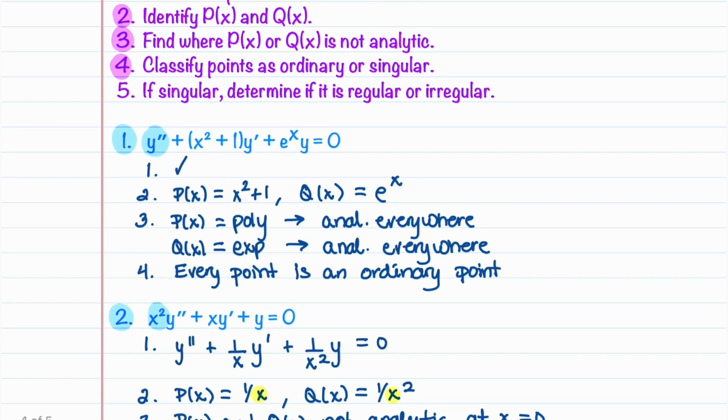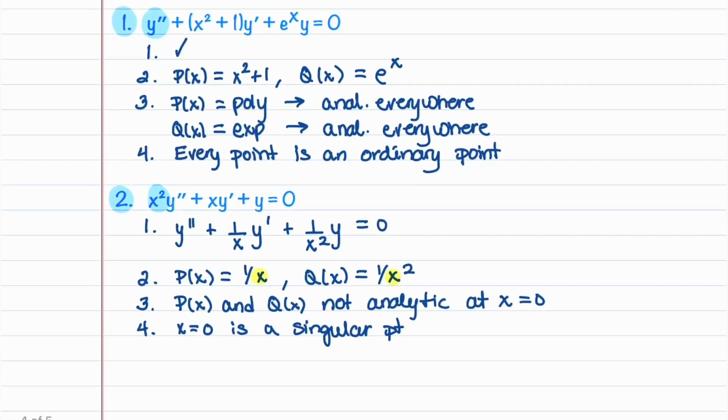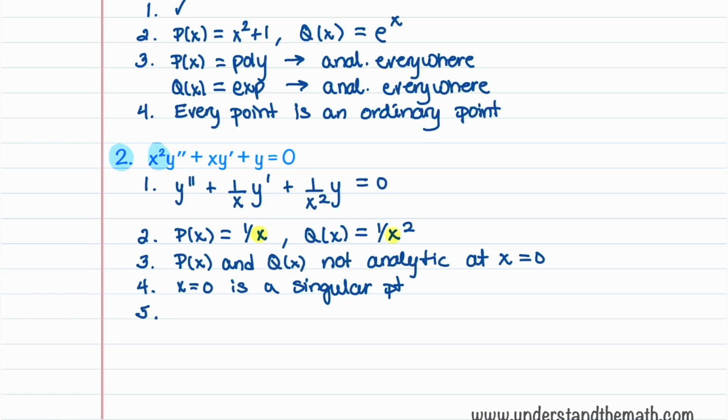Now let's look back up at step 5 because we're going to have to do step 5 for this example. For example 1, we didn't have to do it. Step 5 tells us that if a point is singular, we have to determine if it is regular or irregular. To find if a point is regular or irregular, what we have to do is multiply by x minus that point.